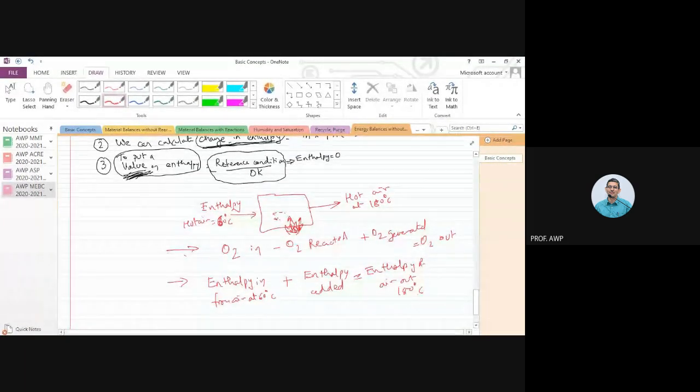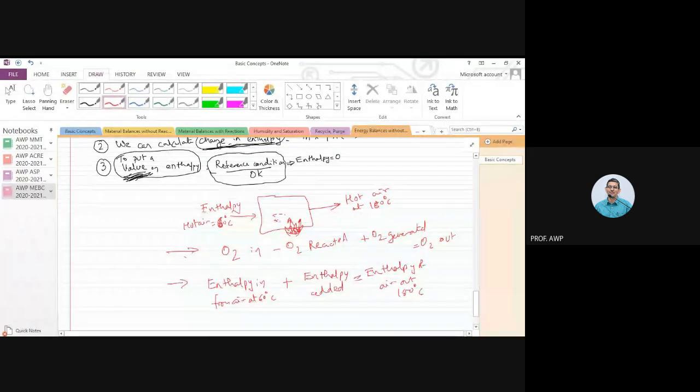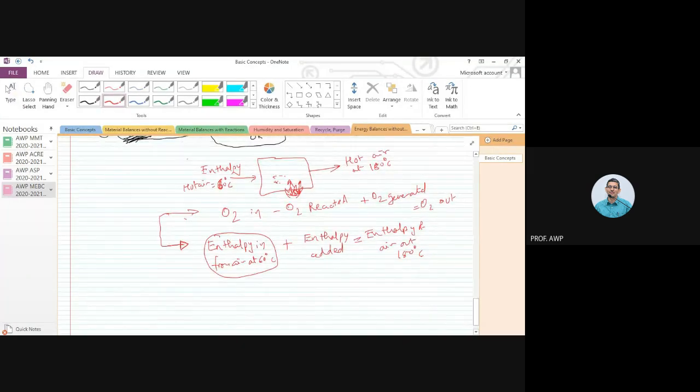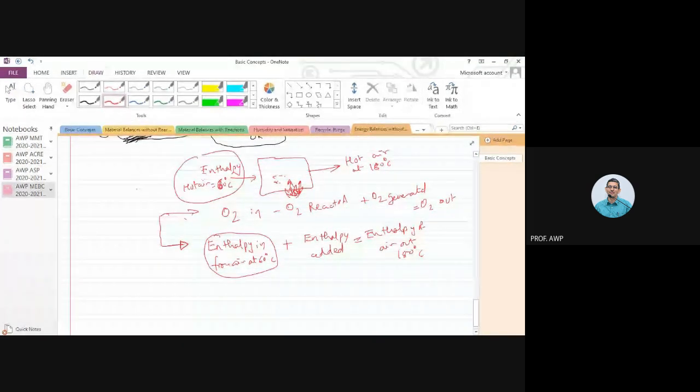So just like we have been writing mass balances, we would want to write energy balances. For that, we would need to write enthalpy in terms of some kind of value. So we will say enthalpy at 60 degrees centigrade plus enthalpy added. Now suppose I say enthalpy at 60 degrees centigrade is 0.